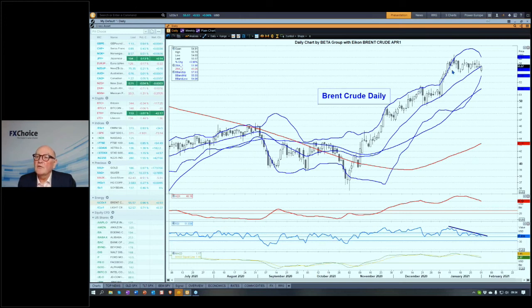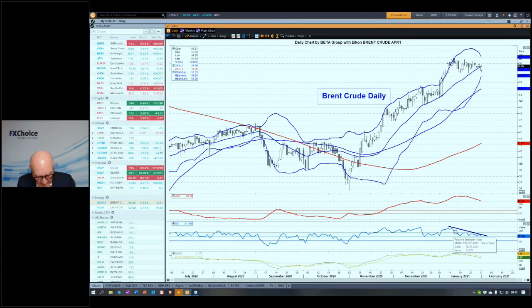So here's the consolidation here. I haven't drawn any lines on it yet. Could be a wedge, could be a flag pattern. I hope it's a flag pattern. But we had a bearish divergence in both the weekly and the daily to warn us of that. We did talk about that previously. I expect support to come in at 54.48, and if we need it, 52.50 here.